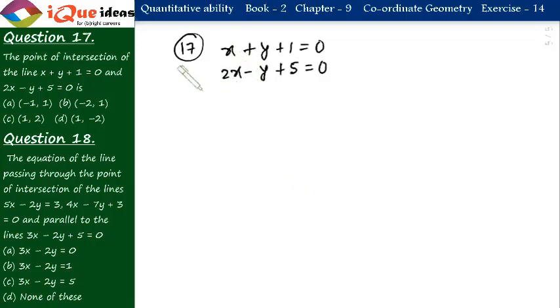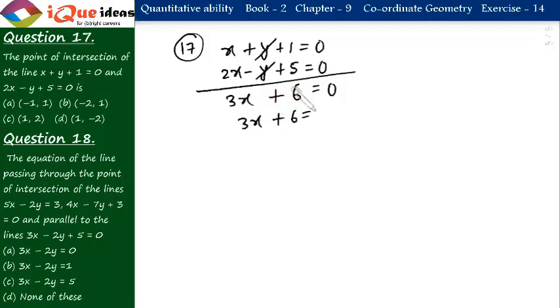So here we have two equations. Let's try and solve. Add them. So if you add them, y gets cancelled and we will have x plus 2x, that is 3x, plus 1 plus 5 is 6 equal to 0. So 3x plus 6 equal to 0. So 3x is equal to minus 6, x equal to minus 2.